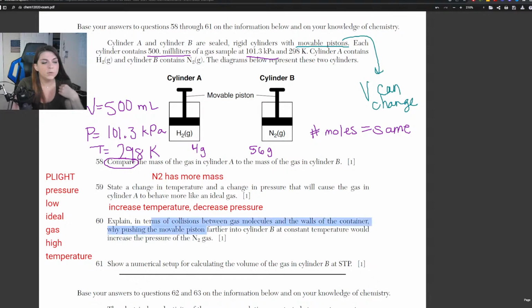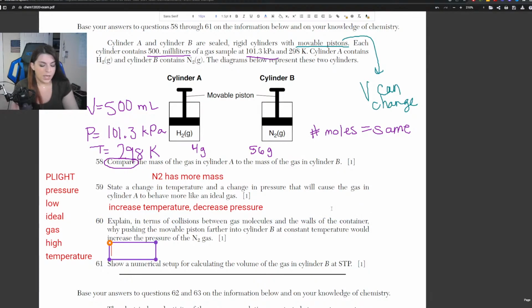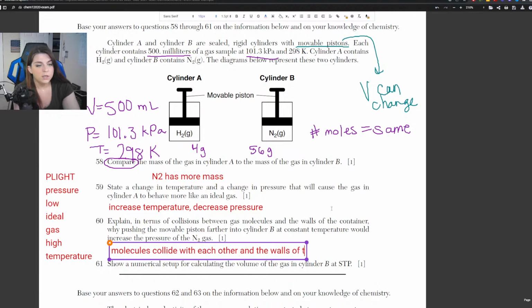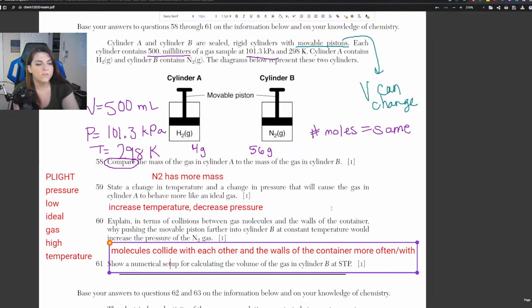So if we're increasing the pressure, it's really just what does that mean for molecule collisions? And I would say molecules collide with each other and the walls of the container more often, slash with more force.